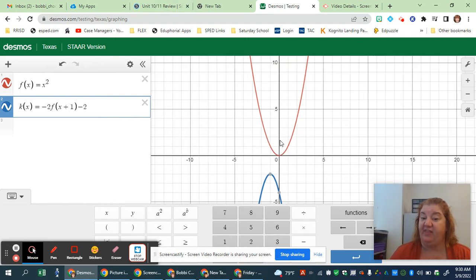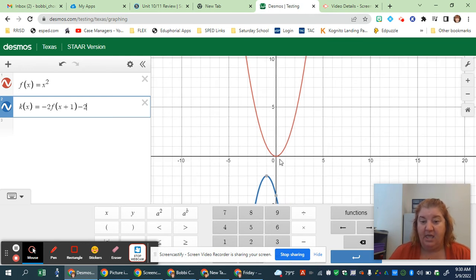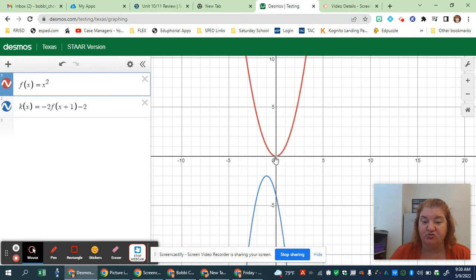So it looks like we reflected. We don't open going up anymore. We open going down. So it's kind of like a reflection. We shifted left 1 and down 2. Remember, you're describing how it moved from the vertex point of view.